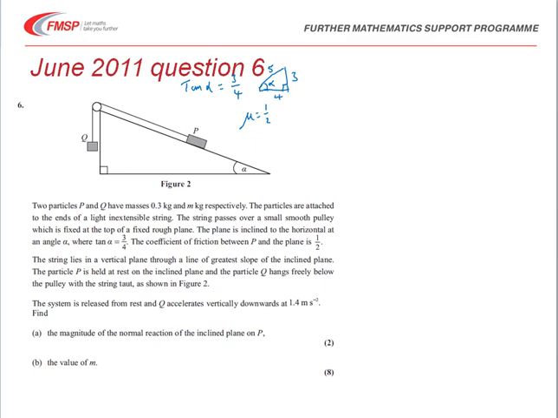Putting some other information on there, we don't know the value of mass for Q, so we can write in here that the force downwards is m times g.